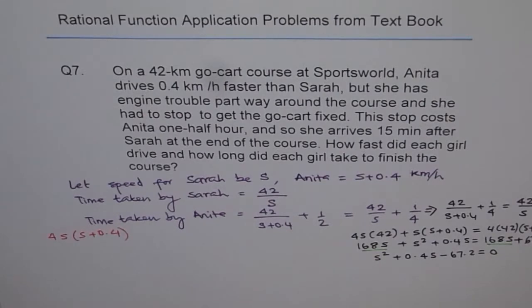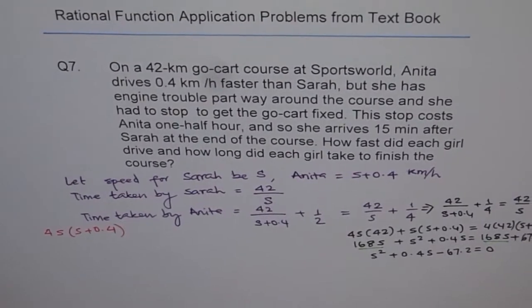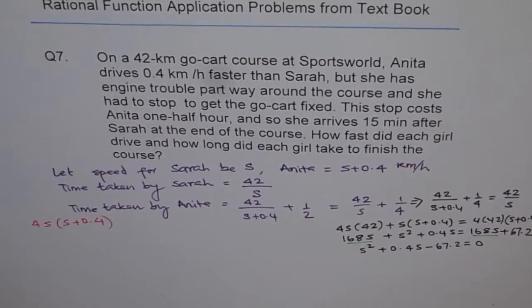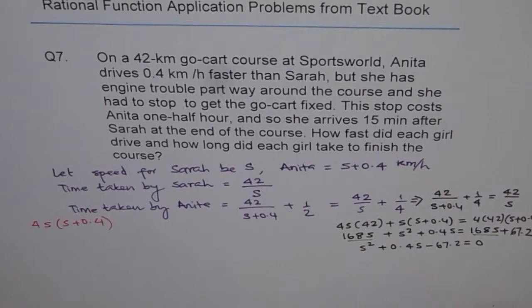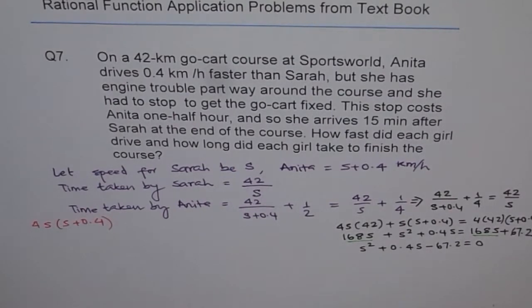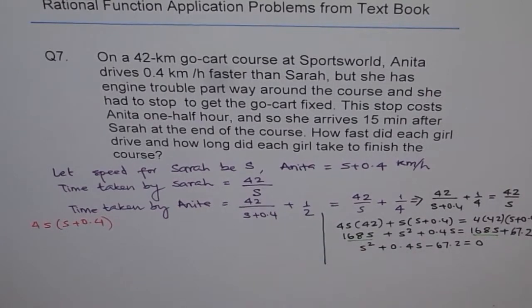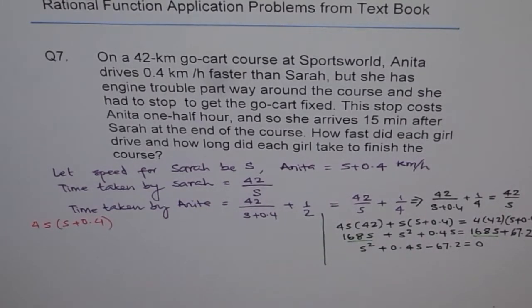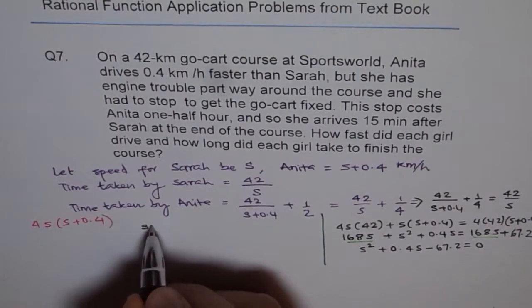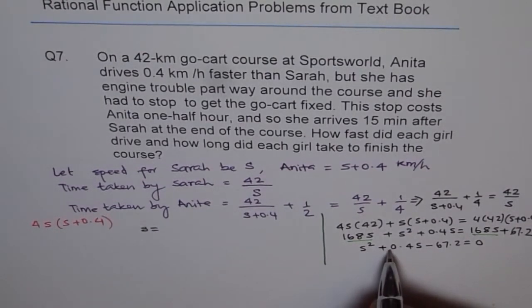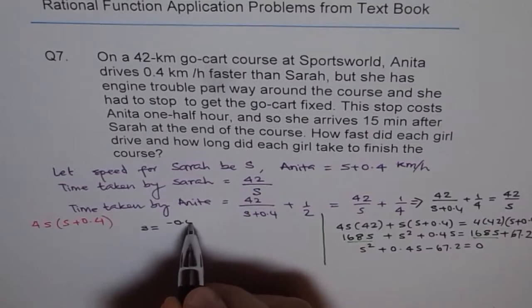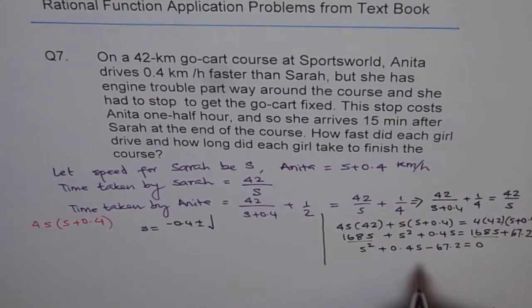And from here we can use the quadratic formula and solve for it, okay? Let me move this sheet a bit to the right side so that things are clear to you. Now we'll use the quadratic formula to find s. So s equals minus b, which is minus 0.4, plus or minus the square root of b square.